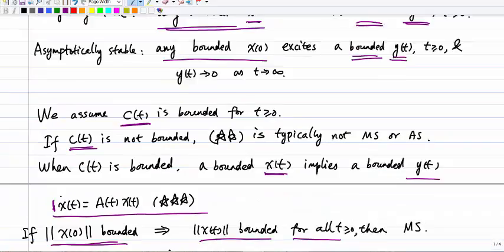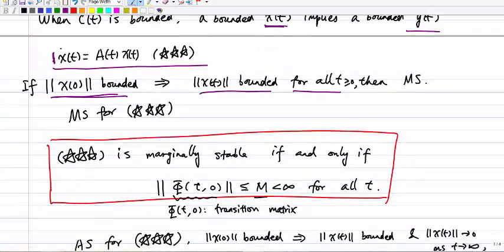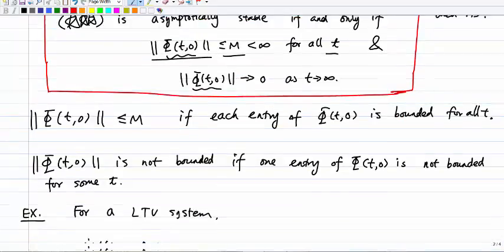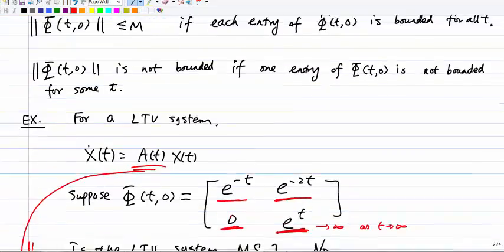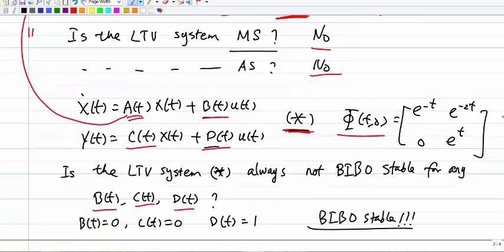That's the reason. Even though the system is not marginally stable and not asymptotically stable, it can be BIBO stable, because I can set these B's, C's and D's to be 0. Which means even if the system is not marginally stable, we cannot say it is not BIBO stable. There is no direct relation between input-output stability and internal stability.